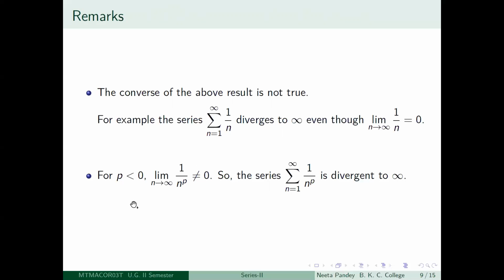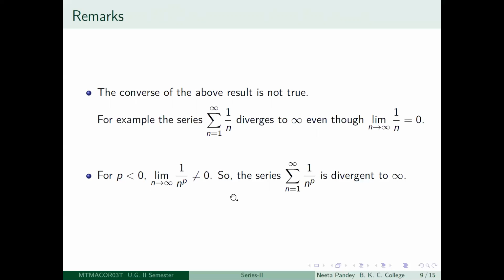So p is equal to say some minus K. If p is equal to minus K, where K is positive, then this sequence is actually equal to 1 by n to the power minus K. So that means it is actually the sequence n to the power K, where K is a positive quantity. So as n tends to infinity, n to the power K is also going to tend to infinity. That is, it is going to diverge to infinity. So this limit is not equal to 0. It is not a null sequence for p less than 0.